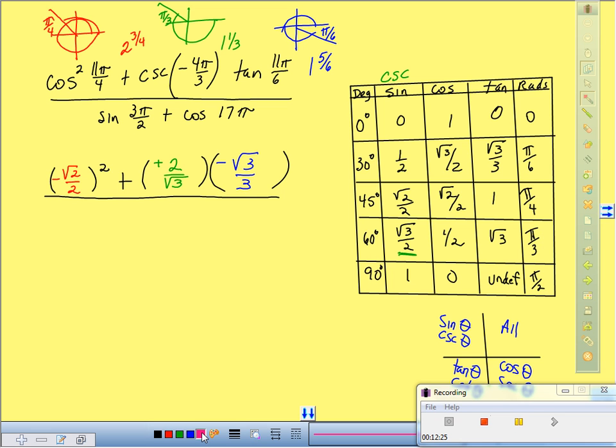Okay, this first denominator is the sine of 3 pi over 2. Well, that's 1 1/2 pi's. So I'd be going 1 1/2 more, put me at the bottom. So once again, it's on a quadrant line. I know there's a 2 on the bottom of the fraction, so I know I'm going to use the pi over 2 value.